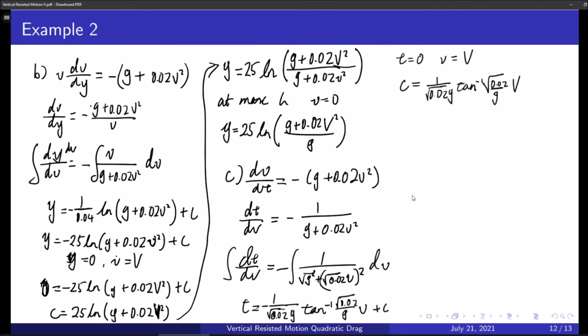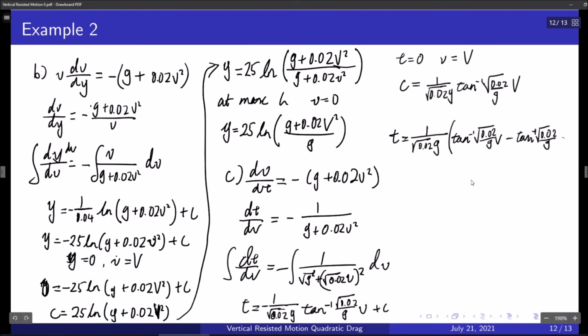So what do we then end up with? Just combine these two, so t would equal 1 over square root of 0.02 g, and then it's tan inverse square root of 0.02 over g big V minus tan inverse square root of 0.02 over g times small v.